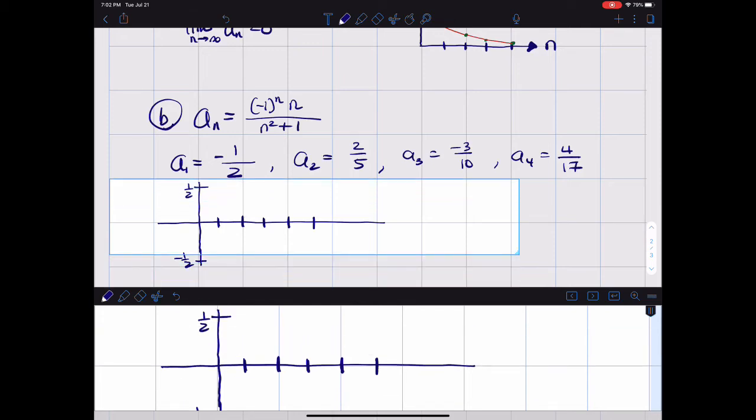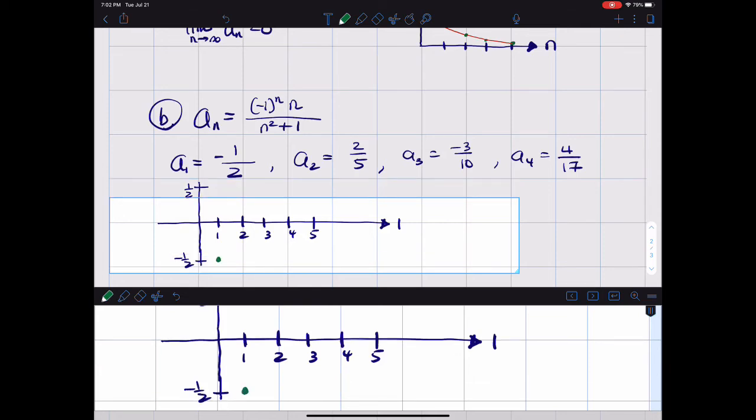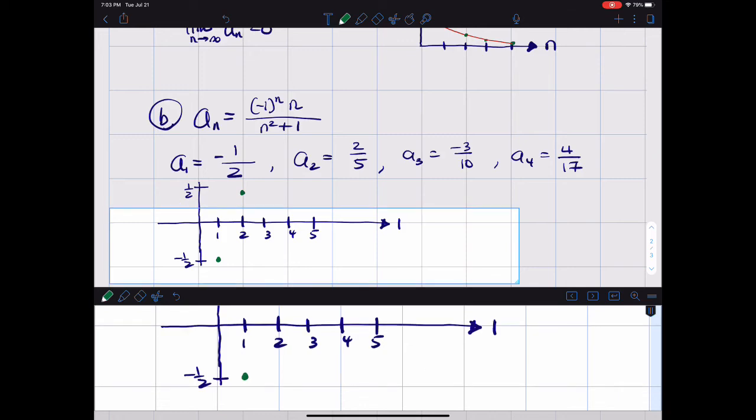When n is 1, you get -1/2. When n is 2, it's 2/5. 2/5 is smaller than 1/2, so it's somewhere there. When n is 3, it's -3/10. 3/10 is almost like 1/3, so it's just going to be maybe somewhere here.